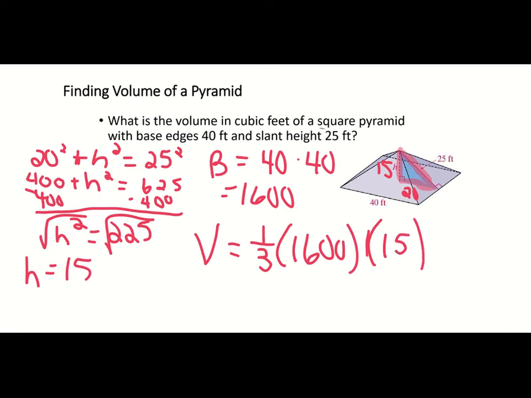So when I multiply this together, I'm going to do 1600 times 15 divided by 3, which is the same as multiplying by 1/3. And we end up with 8,000 feet cubed.